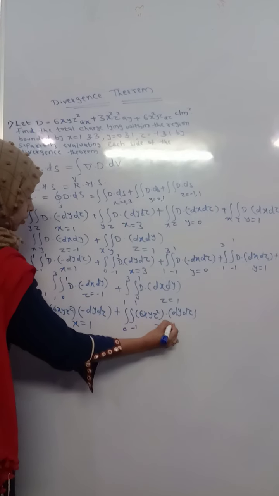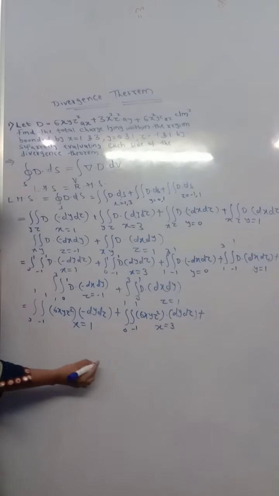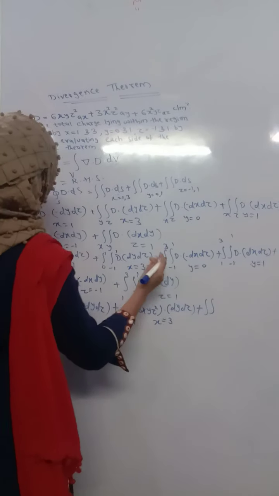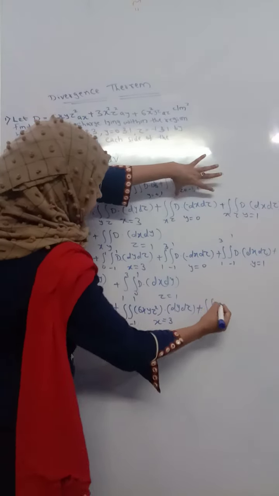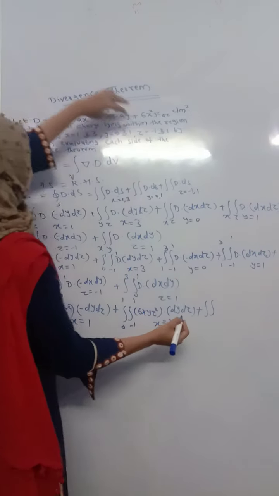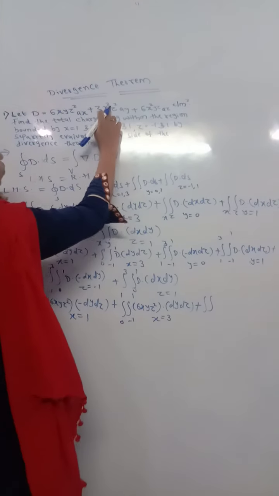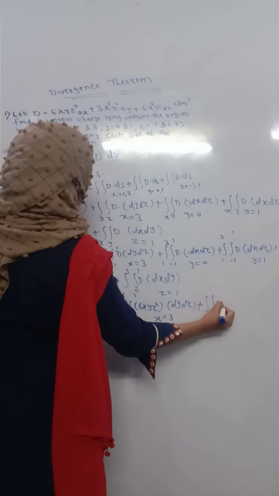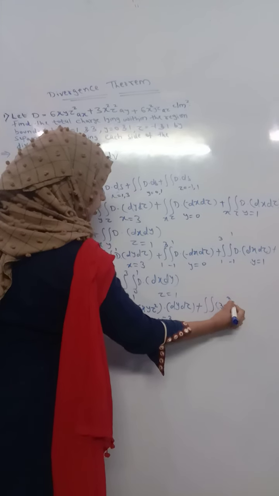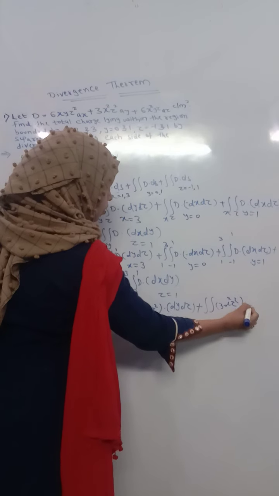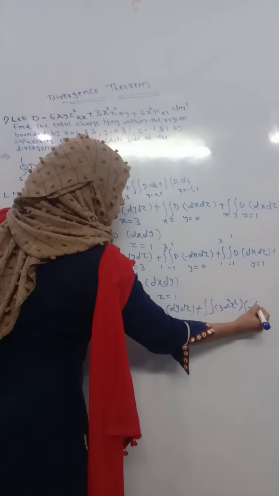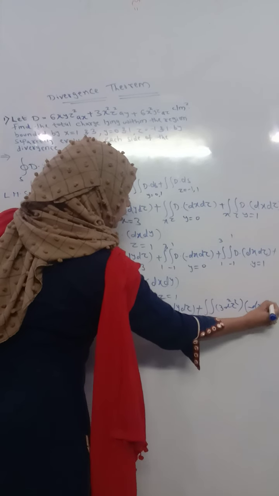Plus, separate which part is going on now, this part. So what is the y part? y is nothing but 3x square z square. So here d will be, I am focusing on 3x square z square, minus dx dz.